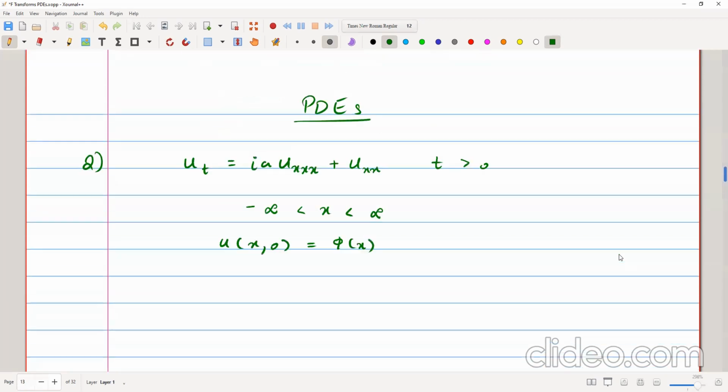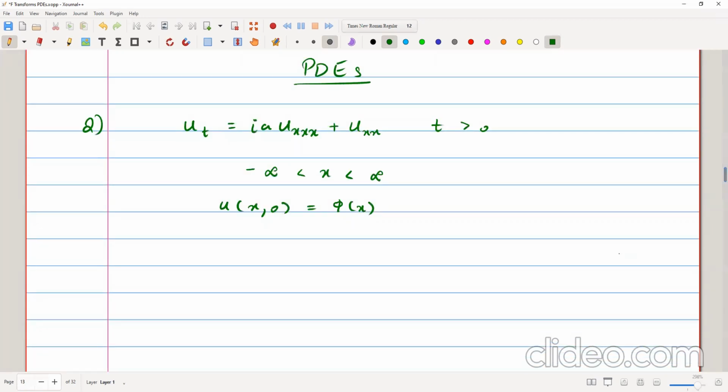So again, similarly, we can start solving this problem by applying the Fourier transformation on the given equation. So that will be Fourier of u_t equals Fourier of i a u_xxx plus Fourier of u_xx.